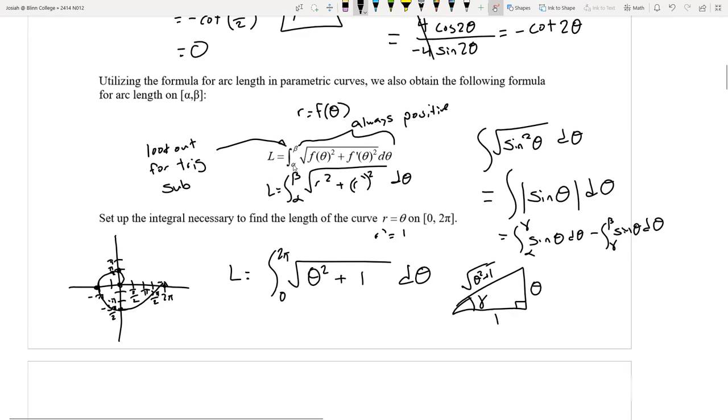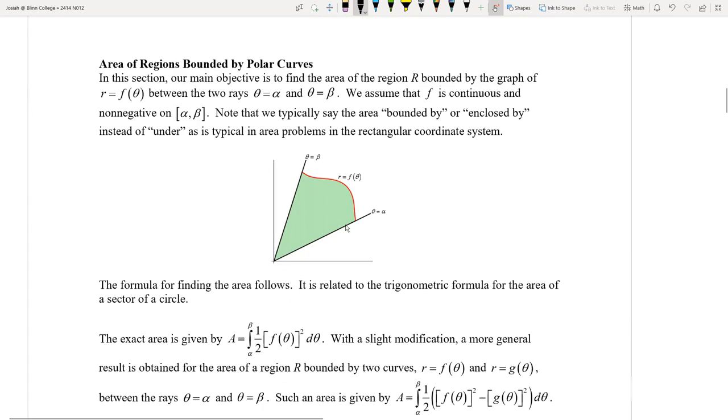If we're looking at arc length, then our bounds are values of theta. And remember, values of theta are rays that come from the pole. And so this is a graphical representation of what that separation looks like. From theta going from alpha to beta, then we get these rays going out of our pole, right? So if f is continuous and non-negative, then we get this picture.